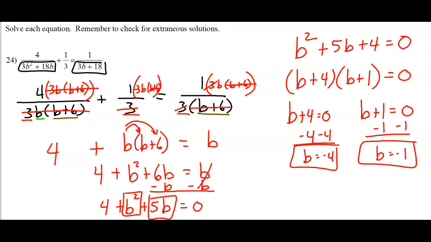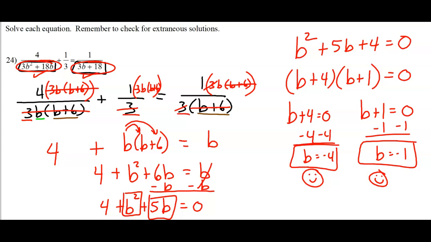So if you plug in -4 up here, it's not going to make the bottom equal 0. And it won't do that here either. So -4 is good. And if you plug in -1, it still won't make them equal 0. So -1 works for both either. Now I'm not showing my work for that. But you guys can check it yourself if you're not too sure. But if you plug those in, you're not going to get 0. So we're good, and we'll keep both of those answers. Okay?